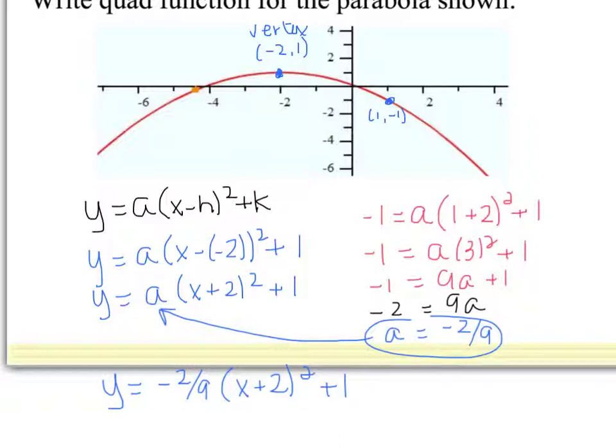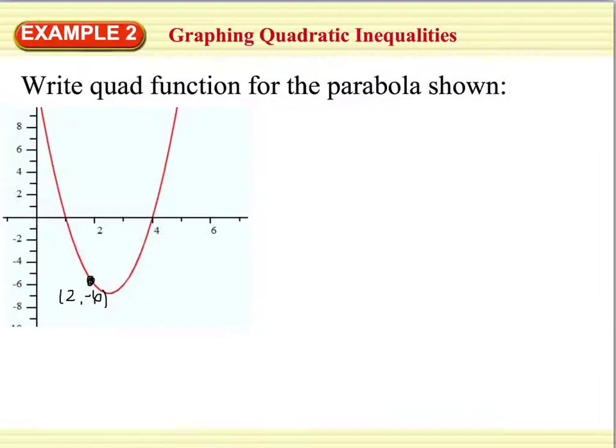And then the other thing we need to double check is I ended up with a negative coefficient. Well, a negative coefficient, remember, is going to tell me that my graph or parabola is going to be downward facing. So when I come and I look at my graph, I notice that it is downward facing. So I think I'm okay to accept that this is probably a pretty good representation of the above graph.